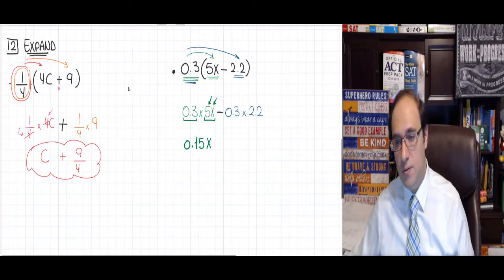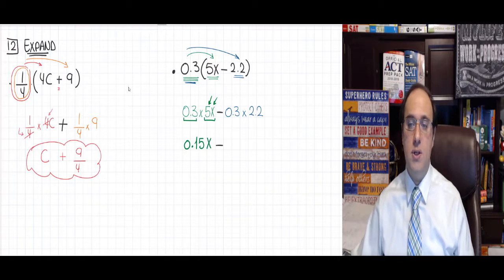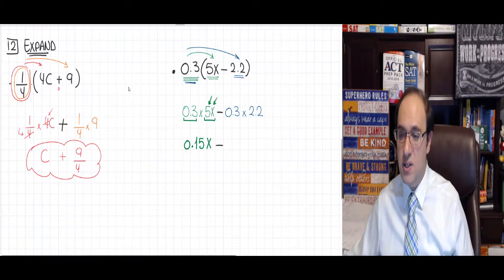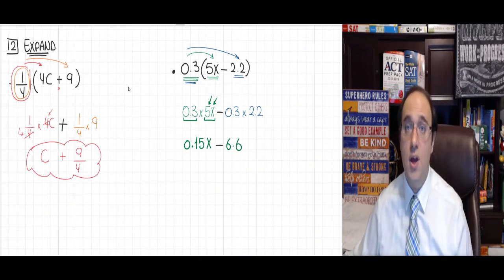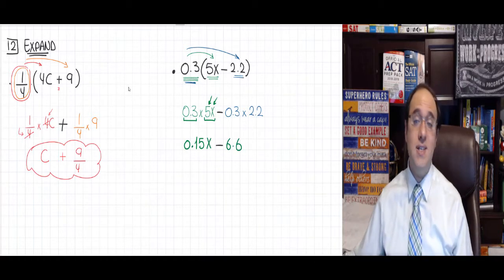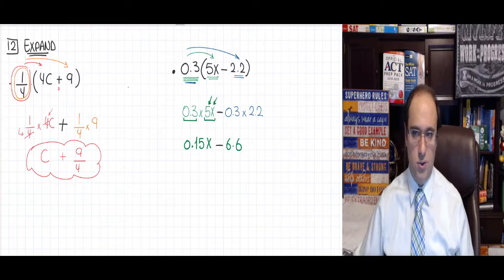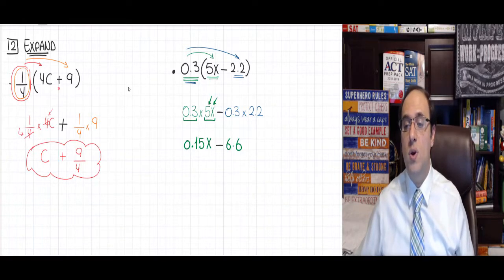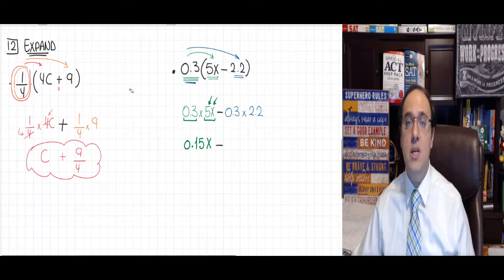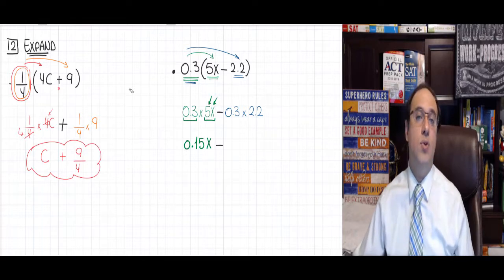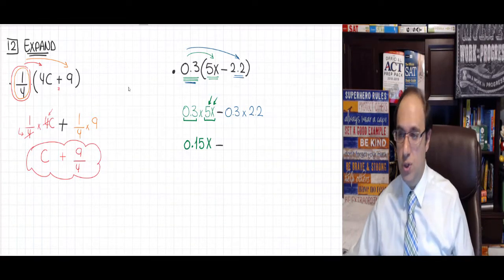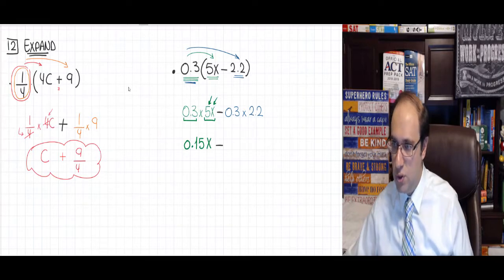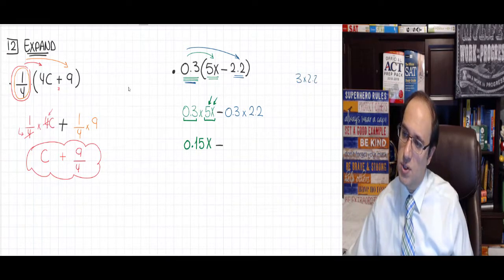Then we do minus. 0.3 times 2.2 is 6.6. Correct? No, it's 6.6 if it's 3 times 2.2. But remember, when we multiply decimals, we need to move the decimal in the answer. So if it was 3 times 2.2, the answer would be 6.6.